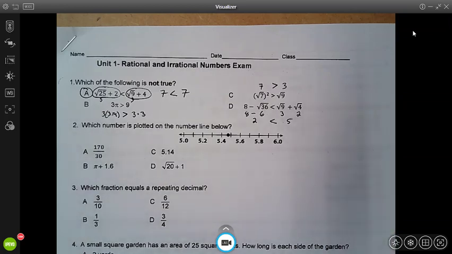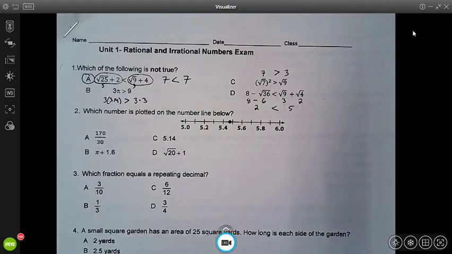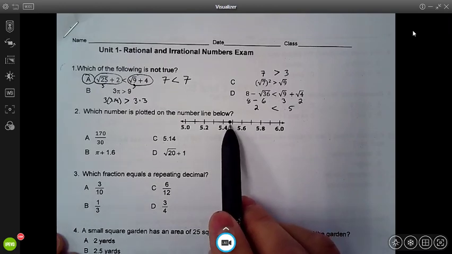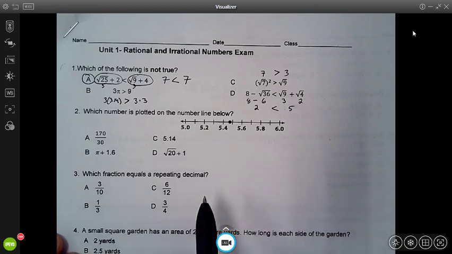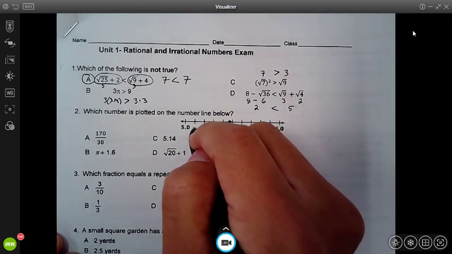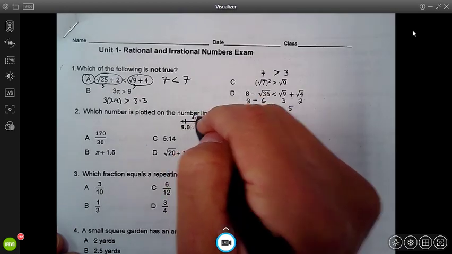All right, for number 2, which number is plotted on the number line below? This says 5.4 something. So we have this right here is 5.1. I'll write it up here. This is 5.1. There's 5.2. This is 5.3.